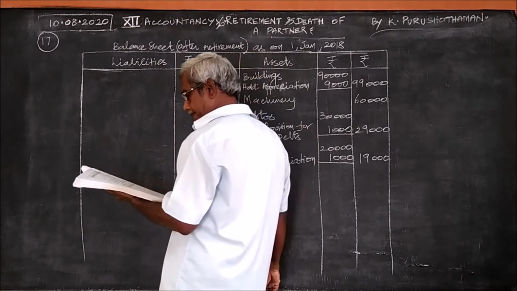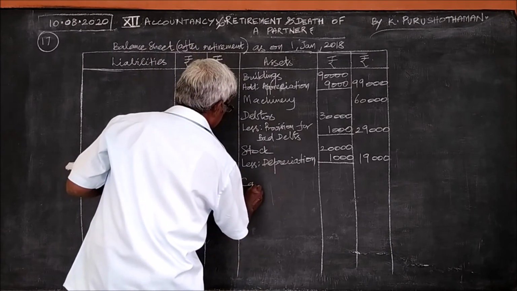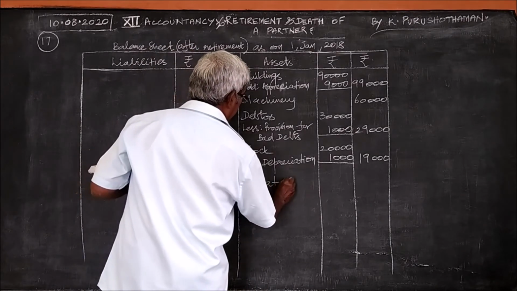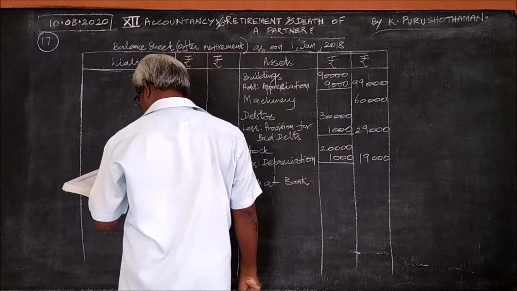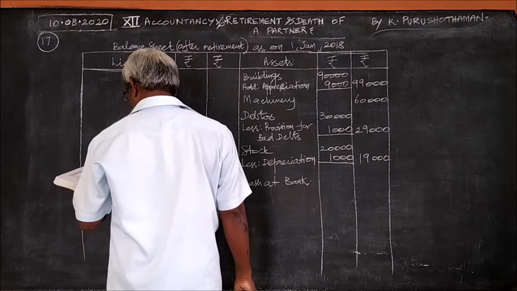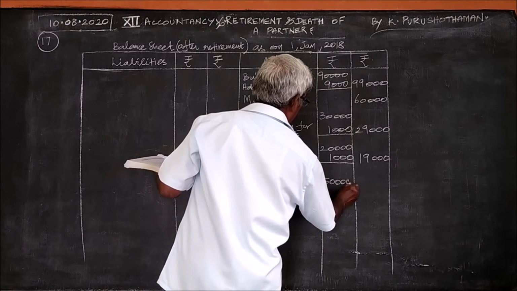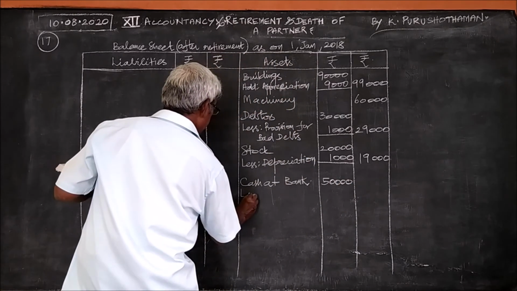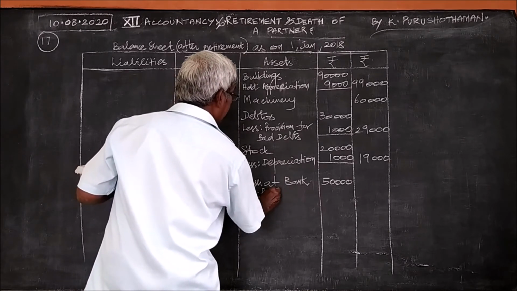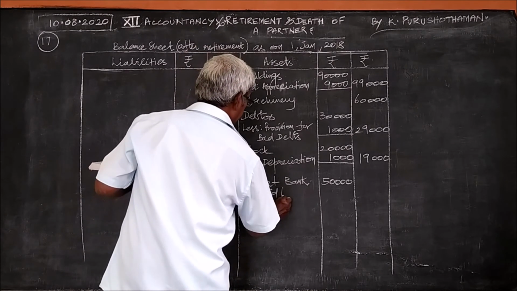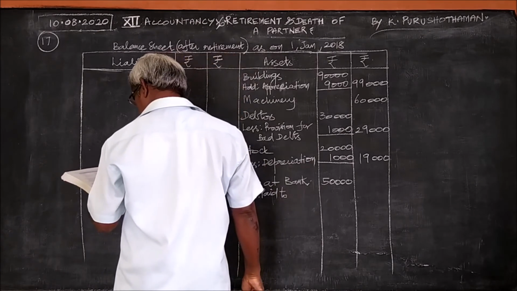Okay, then cash at bank. Cash at bank 50,000. Less paid to the retiring partner. From this only the amount is taken and paid. Paid to John, who is the retiring partner.